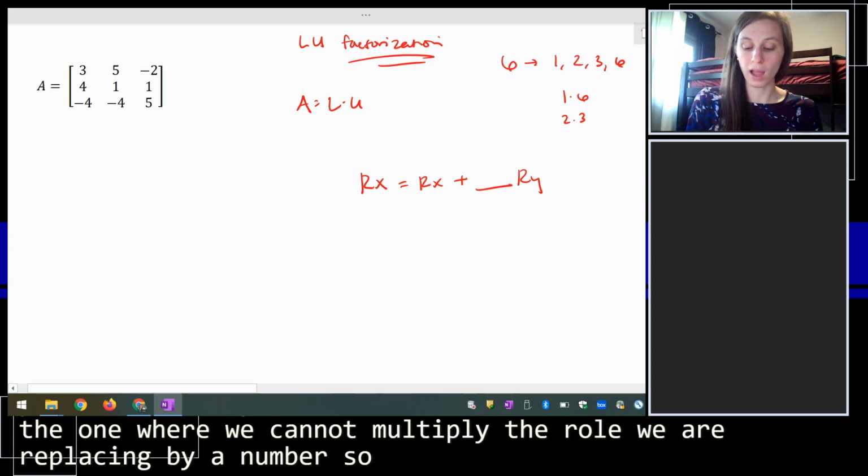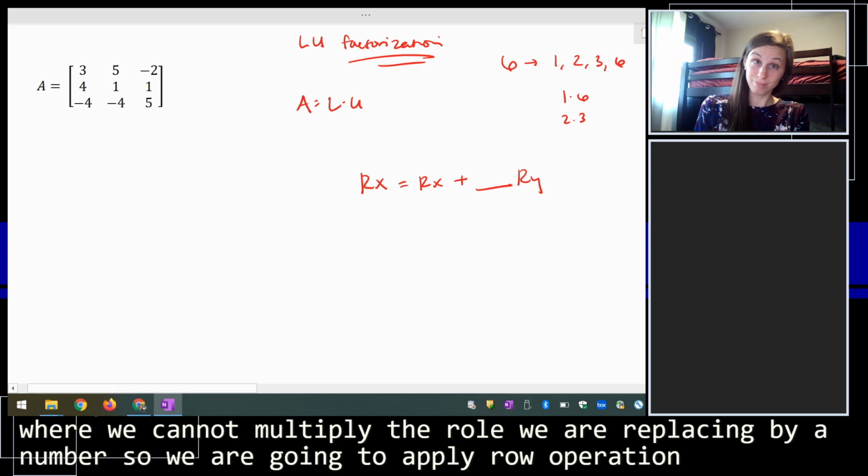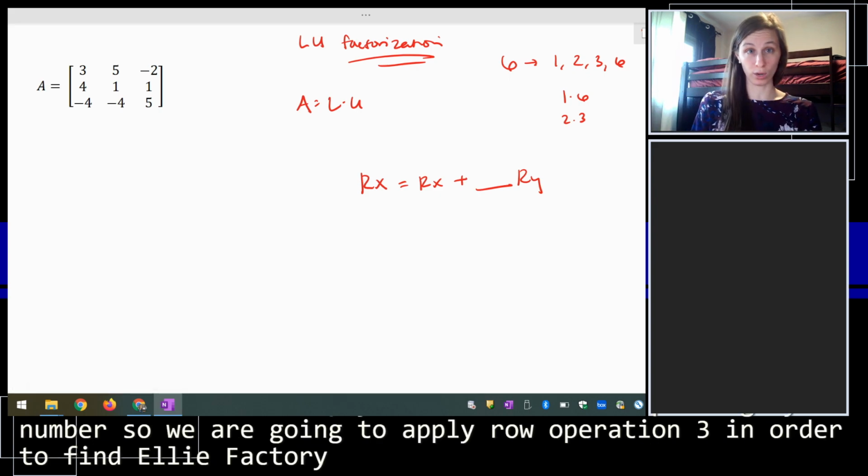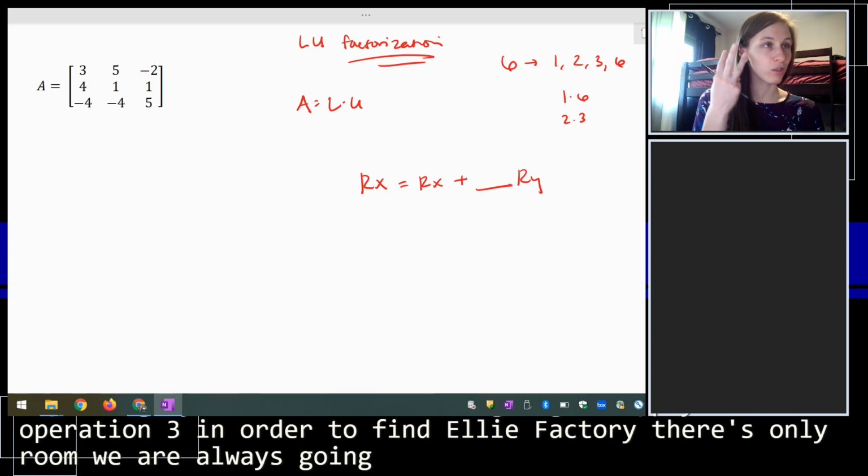So we are going to apply only row operation 3 in order to find LU factorization, which means for a 3 by 3 matrix, we are always going to use these 3 row operations.